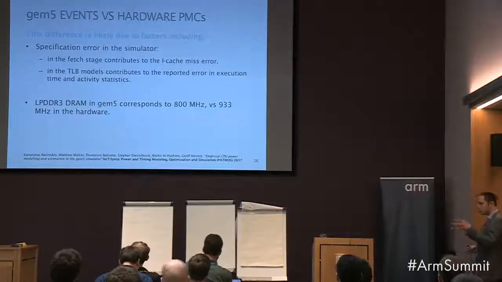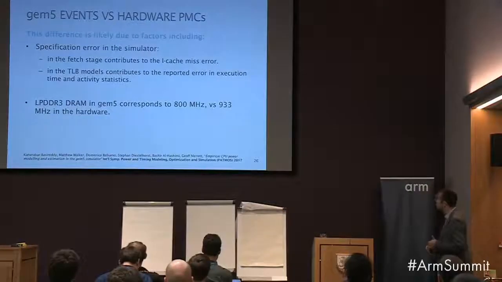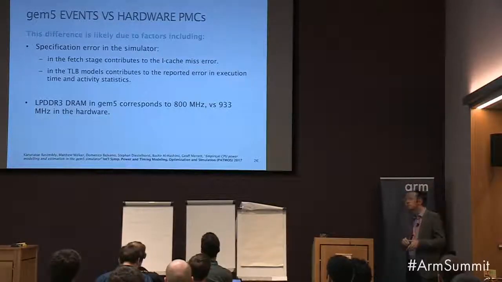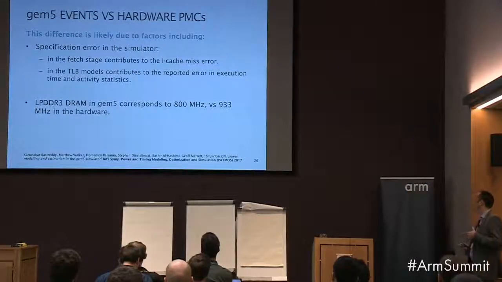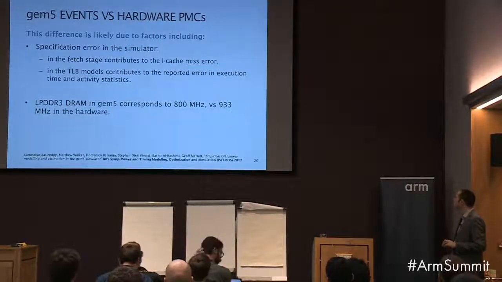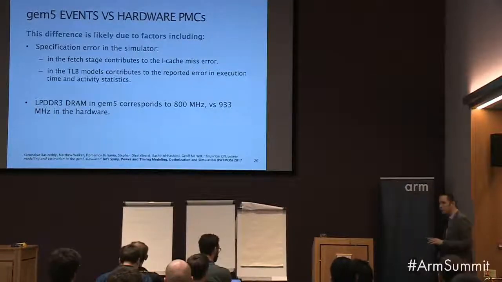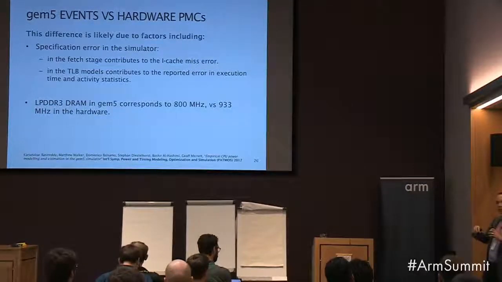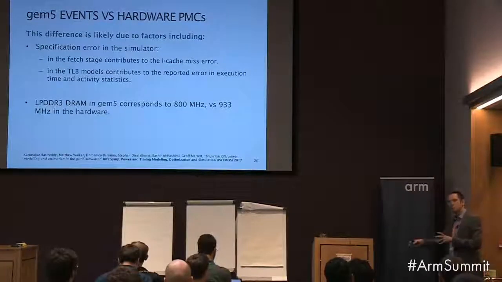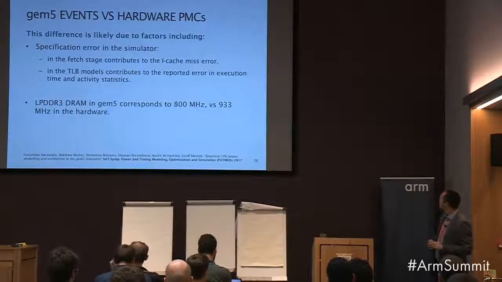There's a number of reasons that we anticipate that's caused by. Probably largely specification error in terms of the modeling of the Odroid platform compared to the real Odroid platform. Some of the work that we're doing at the moment, that my colleague can talk about with you later on, is then using this information to identify where small improvements in the model can be made.